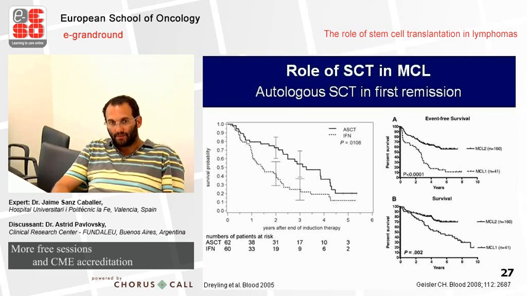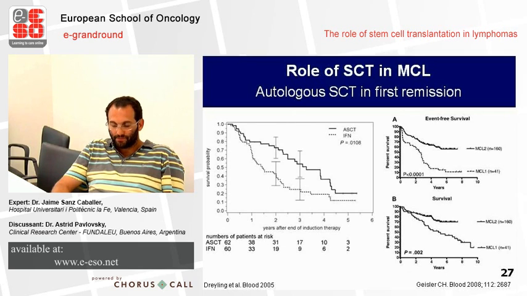frontline setting. The only randomized trial suggesting an advantage for early transplant was reported by Freiling et al. on behalf of the European Mantle Cell Lymphoma Network.